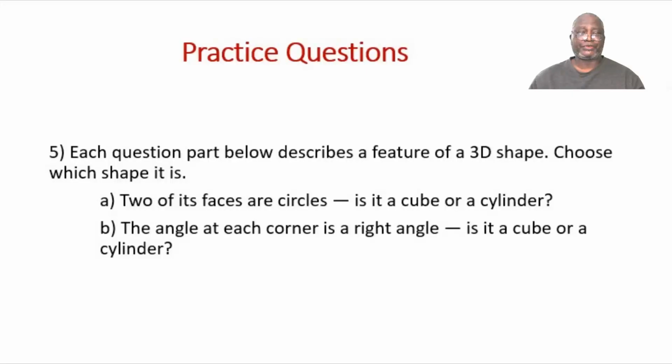Choose which shape it is. A. 2 of its sides are circles. B. The angles at each corner are at right angle. I'm not going to tell you, you should know that by now. But if you don't, then go back to the previous slides and read through them again.